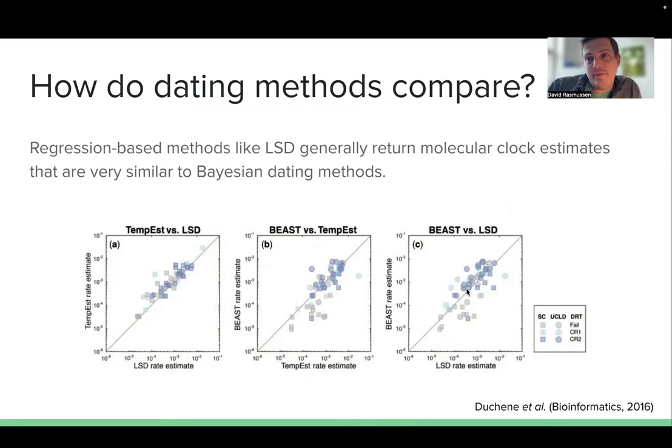There might still be an advantage to using BEAST, in that BEAST is able to properly quantify all of the uncertainty in the clock rate, as well as all of the other parameters in our model. But if we're just interested in getting a quick and fast approximate estimate of the clock rate, it's generally the case that least squares dating and TempEst do a very good job of this for us, in much less time than it would take BEAST to infer time calibrated trees.